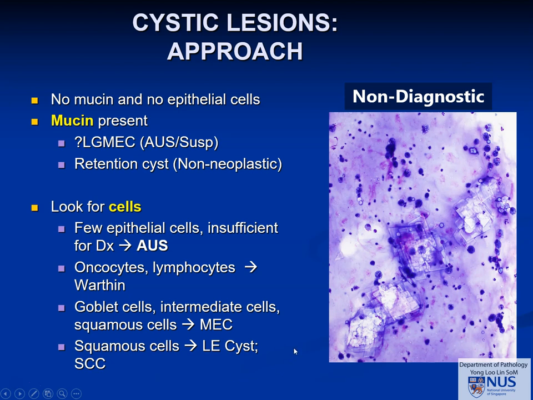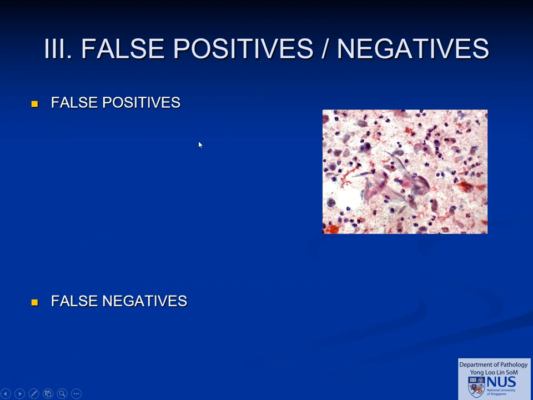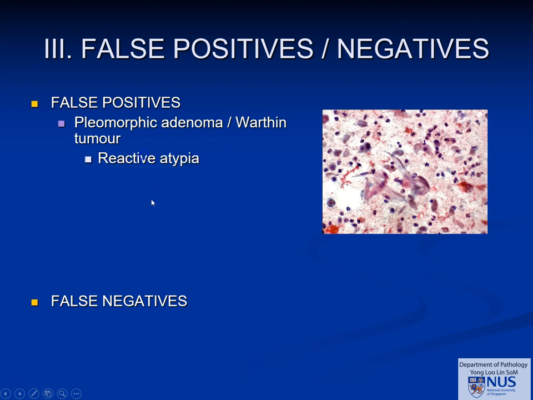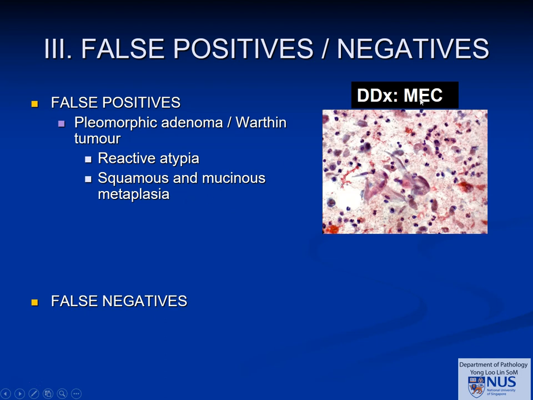For the last section on diagnostic difficulties, I want to talk briefly on false positives and negatives. The commonest lesions that end up being overcalled would be pleomorphic adenoma or Warthin tumor, perhaps with the presence of reactive atypia or some metaplastic changes. They may actually be mistaken for mucoepidermoid carcinoma, or Warthin tumor with squamous metaplasia or degenerate cells may end up being called squamous cell carcinoma.